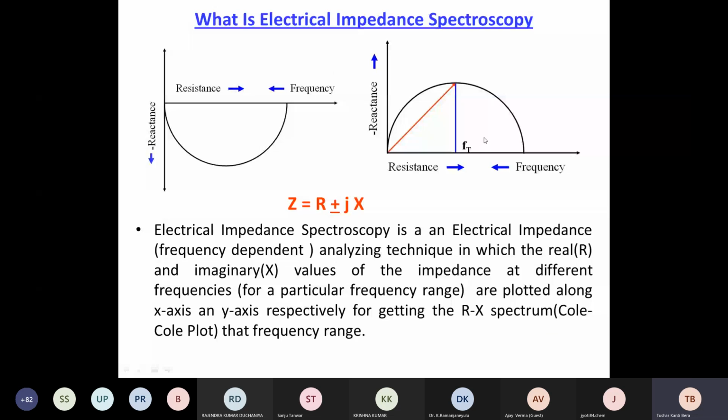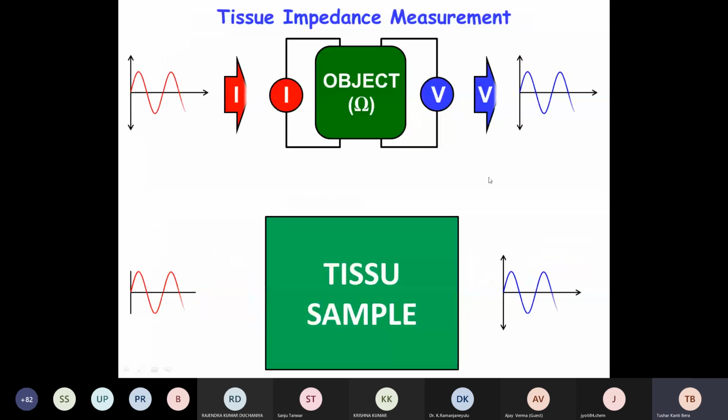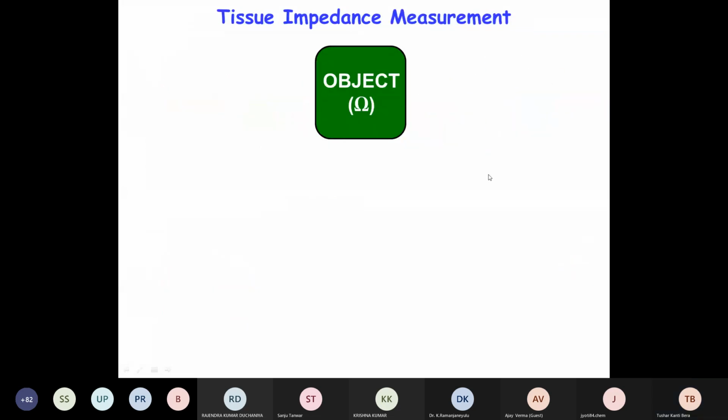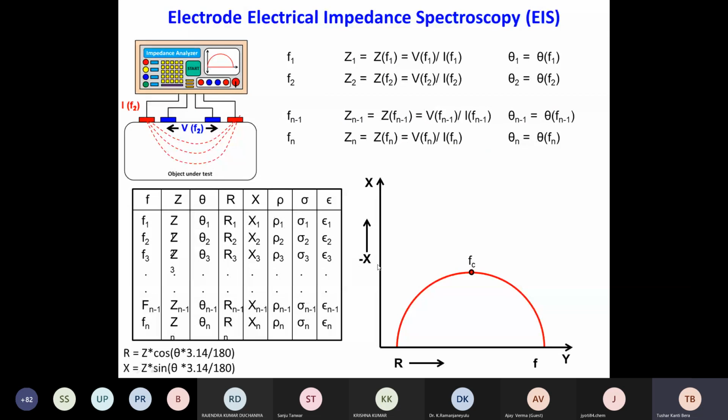So we might have noted there that X was put above the x-axis. This X is nothing but the imaginary part, and it has been put with a minus sign. For the capacitance, actually it will come at the bottom.